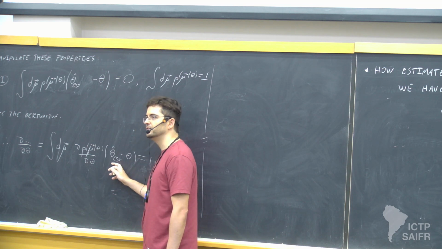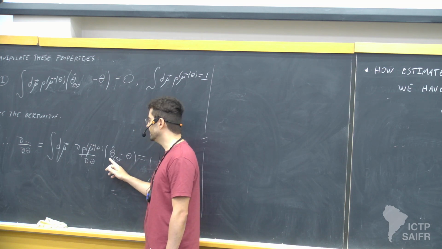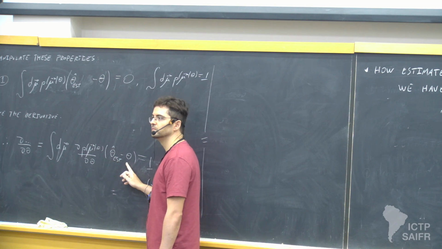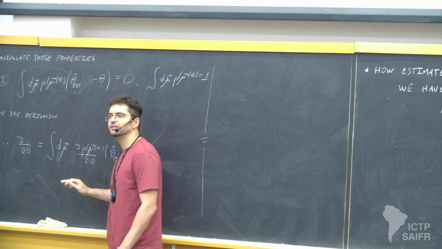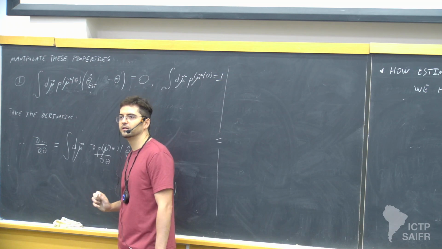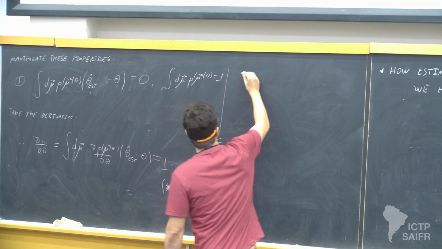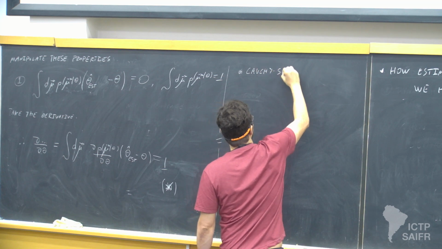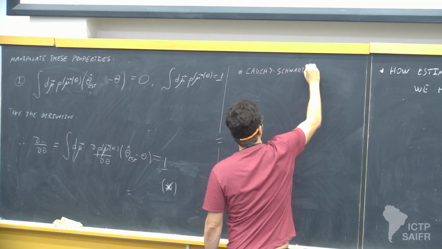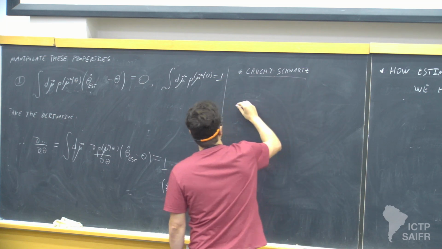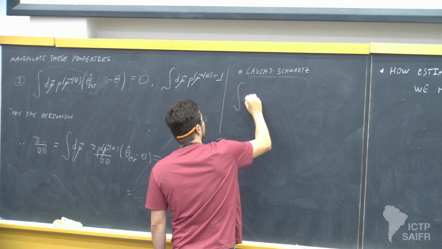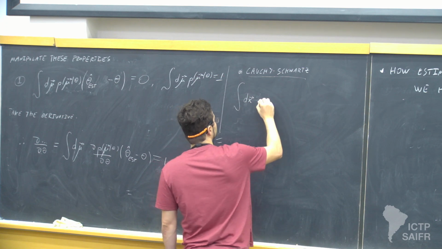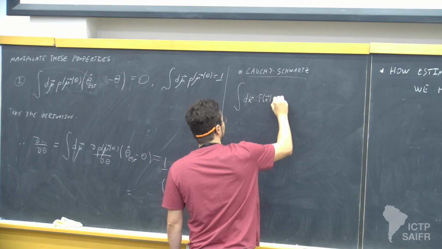The quantity we are interested in is how far the estimated value is from the exact one. And this is going to be some function that is a weird function, which we will try to interpret later. So we now use the Cauchy-Schwarz inequality, which says that the integral over x, which could be anything, of a product of functions.